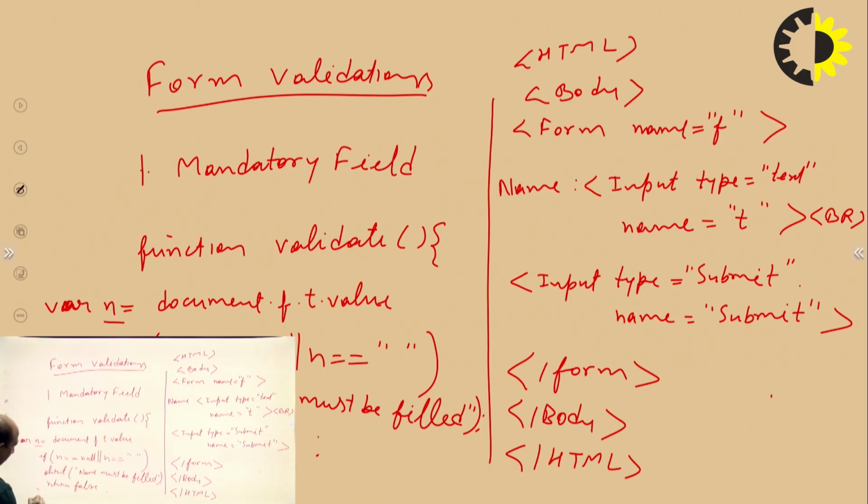This way you have created a function named validate that should be called at the time of submission of this form. So you have created a form here and you want to call this function validate at the time of submission of this form.